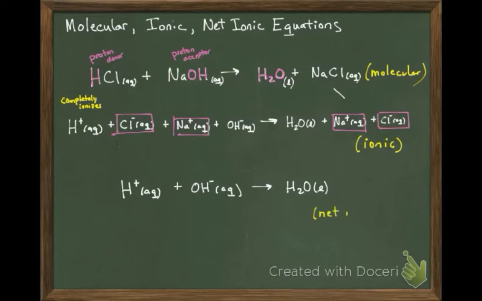And this is the net ionic reaction for all of these types of neutralization reactions between a strong acid and a strong hydroxide base. The net neutralization is the reaction of H+ and OH- to form water.